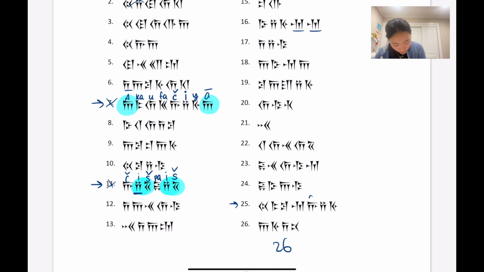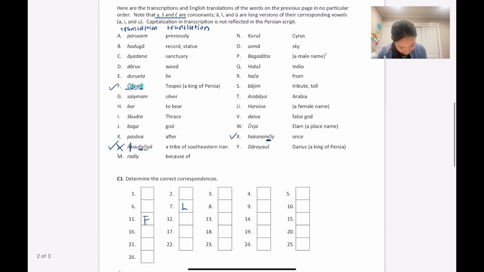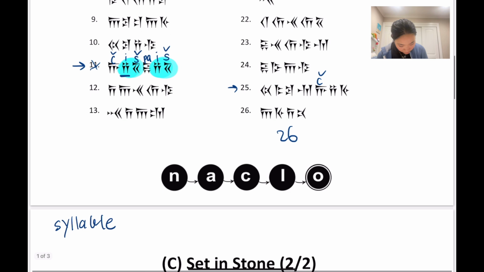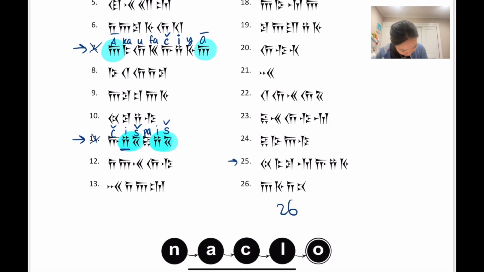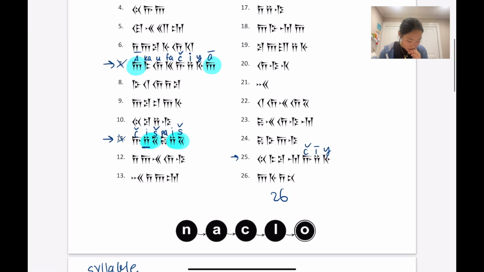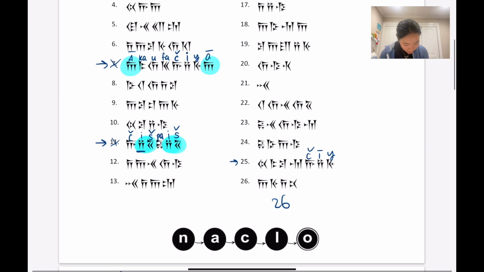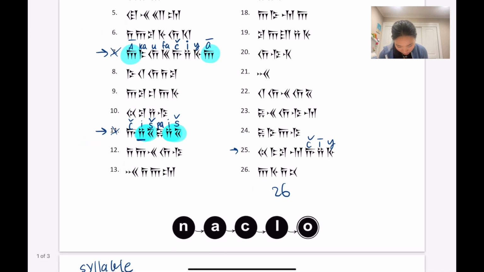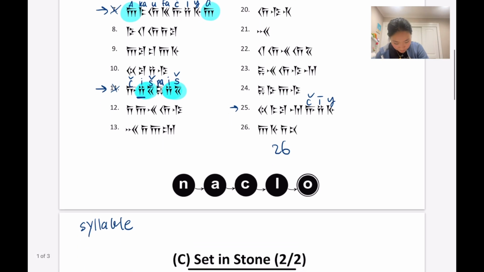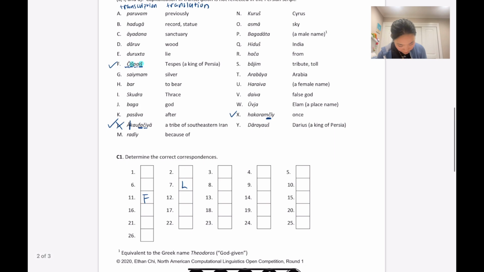So if that was a C, then the next two letters are the long I and the Y. Does that work? Oh, it does. If you notice here too, this I and this I are matching, as is this I over here. That is a good sign. And then let's see if we can match everything else.